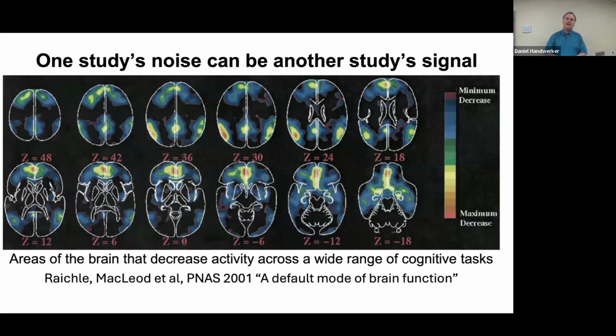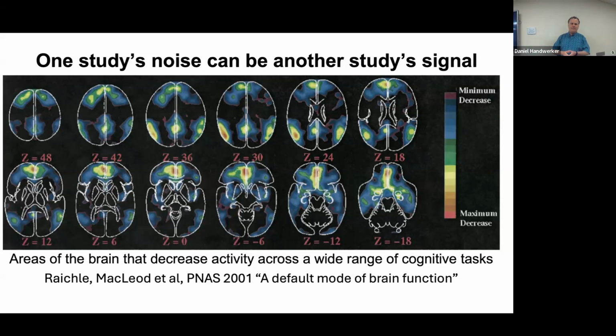I think this is a classic example of that in our field. This is actually PET imaging, but for a long time, you did these activity maps just like we do with fMRI. You had your areas of activity across a wide variety of tasks with PET. And Marcus Raichle and a few other people noticed that there were these other areas that, whenever you saw the areas of interest, seemed to always have a drop in activity.